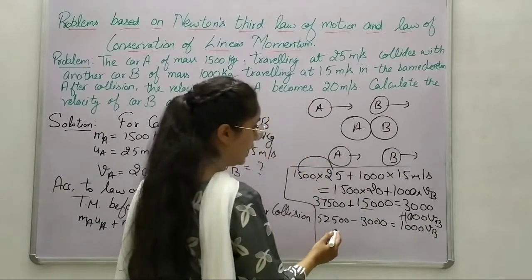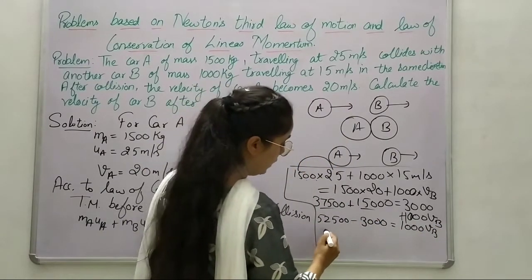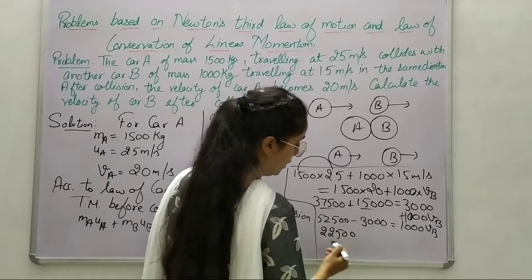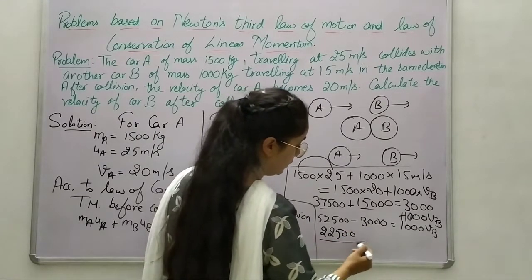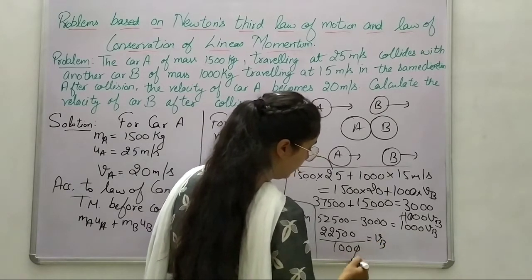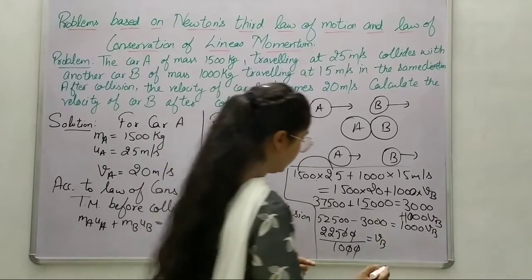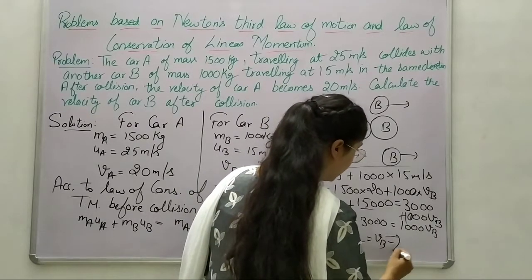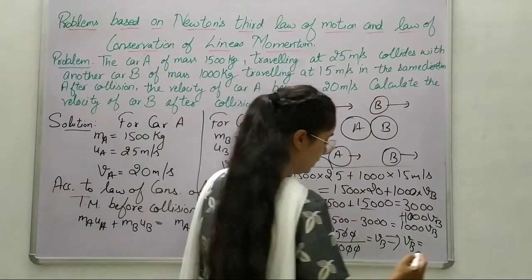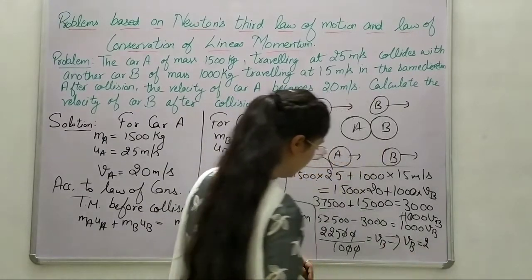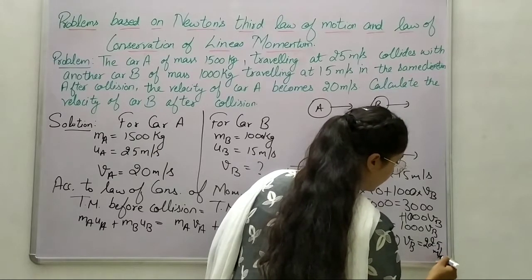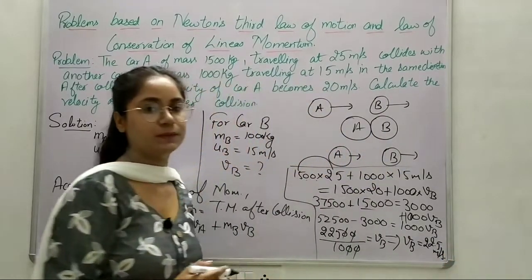Now 52500 minus 30000 will be 22500 upon, now this one will go here, divided by this, equals VB, and we are left with VB as 22.5 meter per second. So here is your answer.